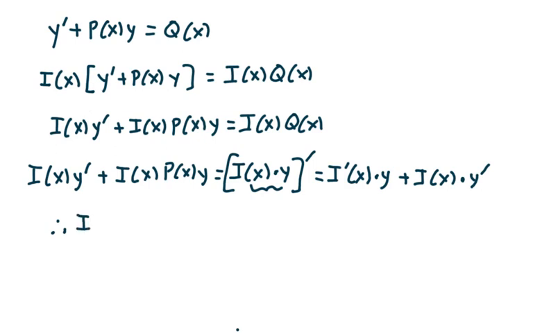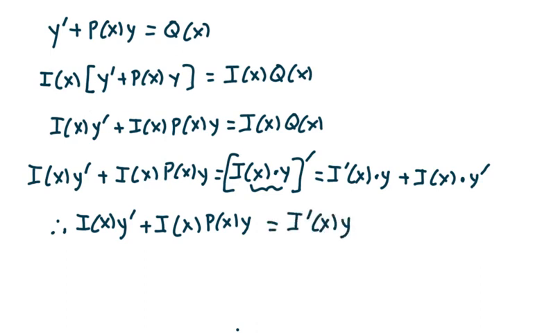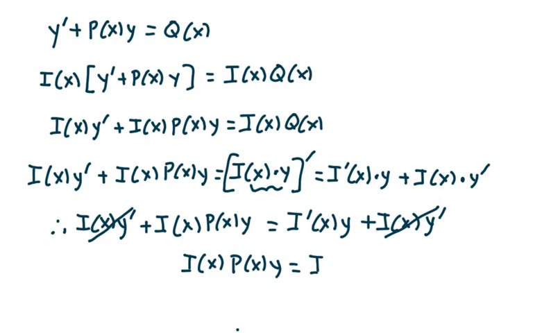That says I of x y prime plus I of x p of x y is equal to I prime of x y plus I of x y prime. But look what happens. I of x y prime cancels out. And what do we get? We get I of x p of x times y is I prime of x times y.